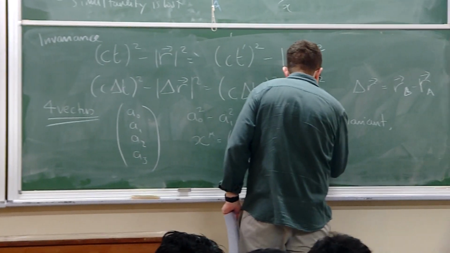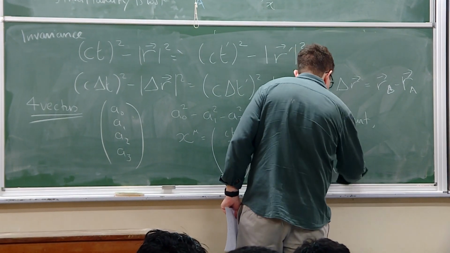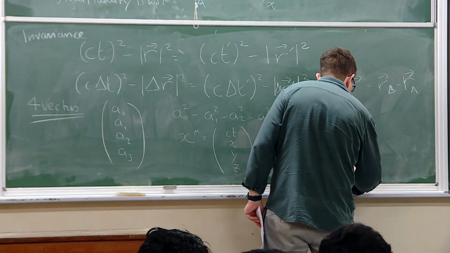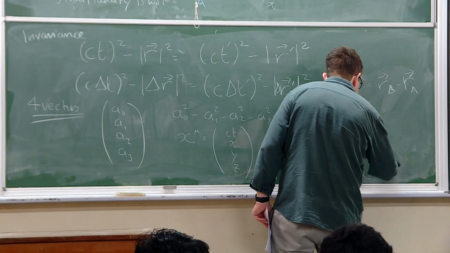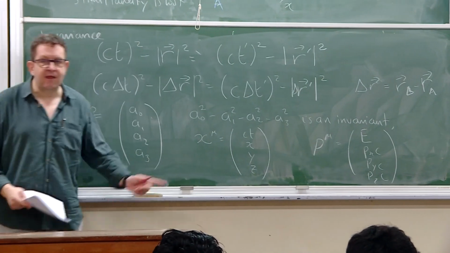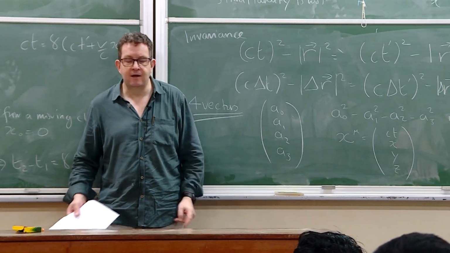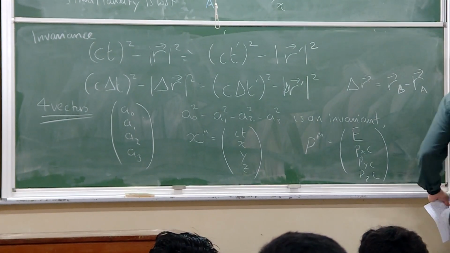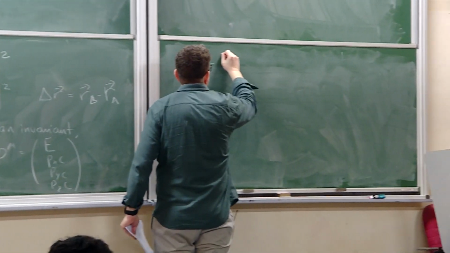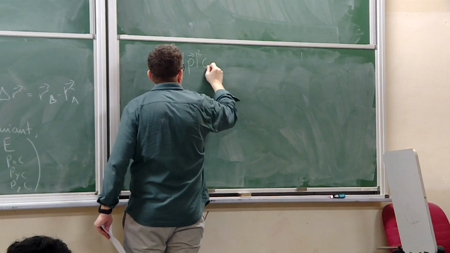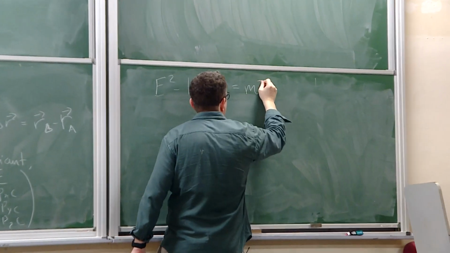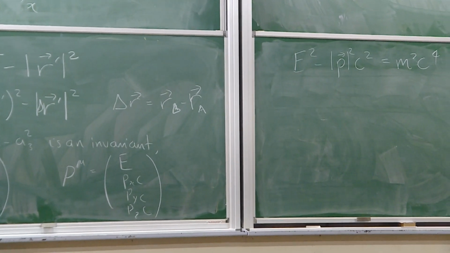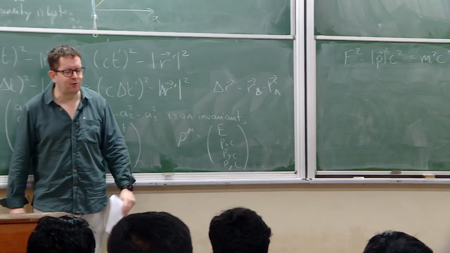I can also have a 4 momentum, which has the energy of the particle, and then it has the 3 components of momentum all multiplied by c to get the dimensions right again. That is also a 4 vector. Okay? And in this case, the invariant would be E squared minus p squared c squared, and that turns out to be the mass of the particle squared, all squared, multiplied by the speed of light to the 4th power.